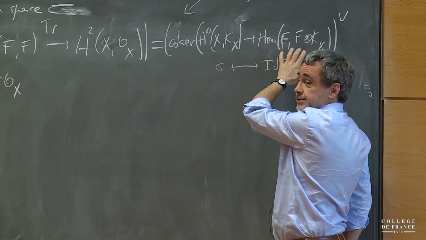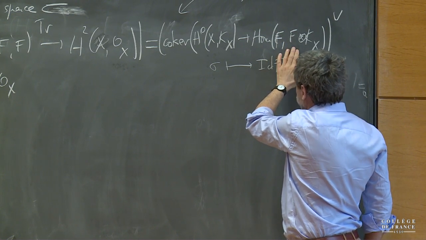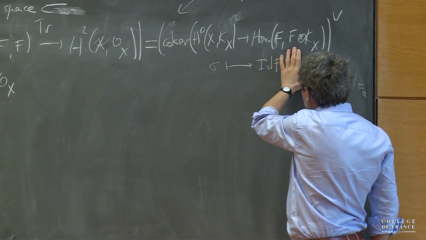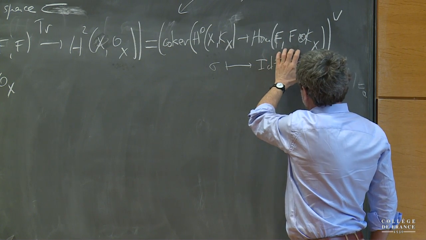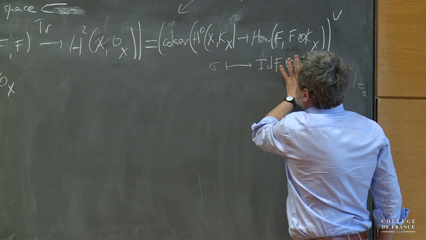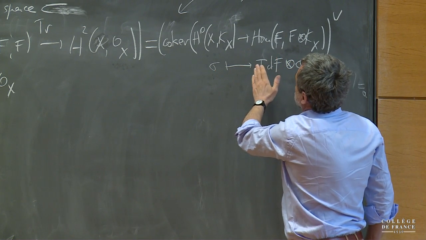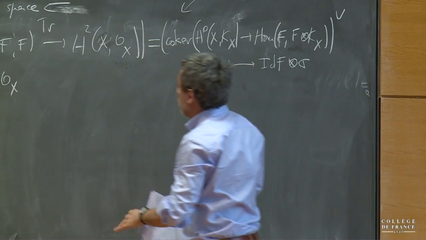So I repeat: if K_X is trivial, this space is just the space of endomorphisms of F. Since F is stable, any endomorphism is just a scalar multiplication. And so this map is an isomorphism, the cokernel is 0 and the dual is 0.